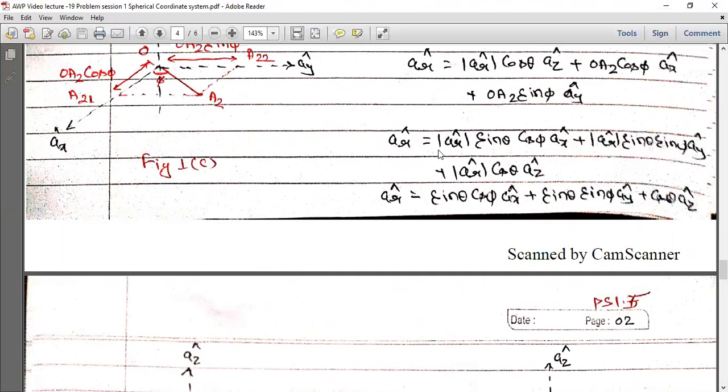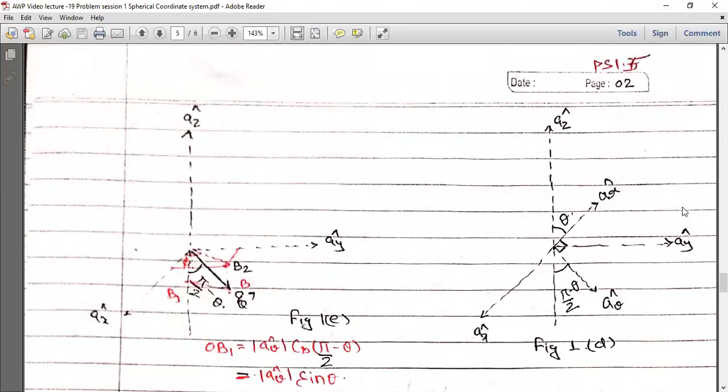And now, since mod of AR cap is the magnitude of a unit vector, and we know that the modulus of a unit vector is 1, AR cap can be written as sin theta cos phi ax cap plus sin theta sin phi ay cap plus cos theta az cap. In this manner, we can represent the spherical coordinate system in the rectangular coordinate system.